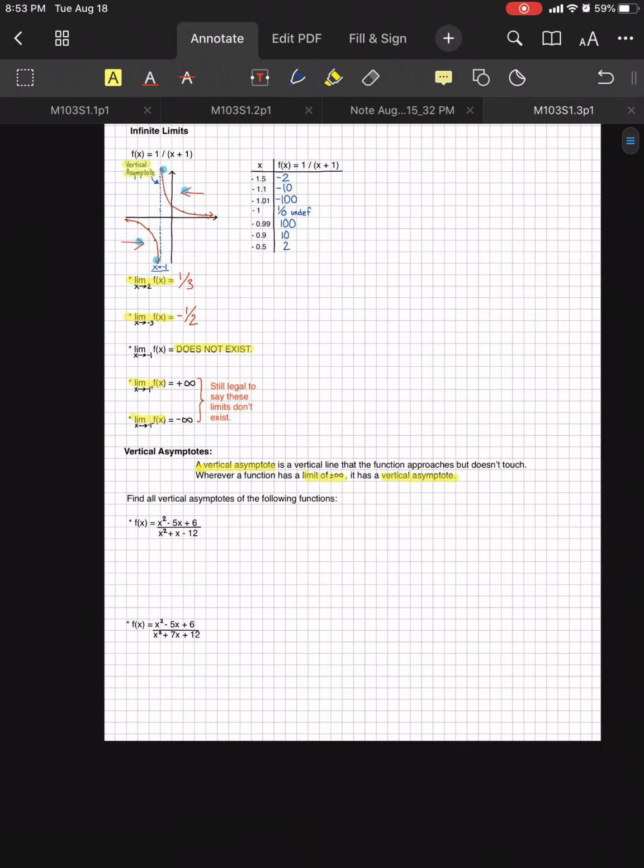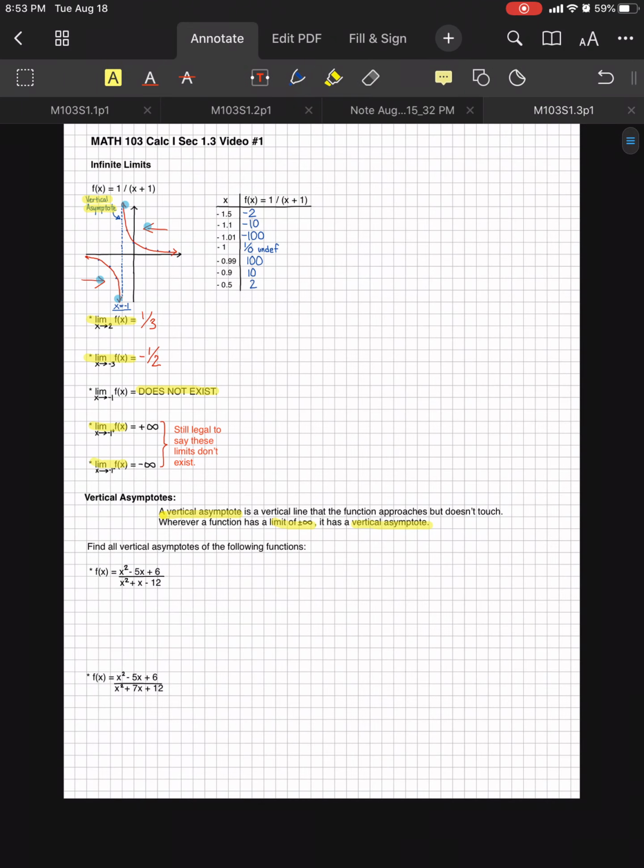So essentially, if you're looking for vertical asymptotes, you're looking for limits that are equal to plus or minus infinity. Limits that don't exist because the values get really, really high, really fast, or really, really big negative values really fast. So that's what we're talking about when we have vertical asymptotes.